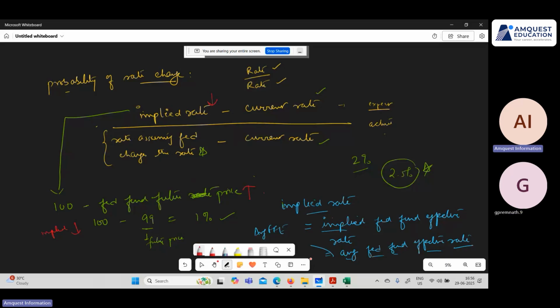If my future price increases, then my implied rate reduces. If my implied rate reduces, assuming everything else is the same, then the probability of change would reduce, because this part, which I'm calling C, is derived from B. My C is derived from B, and my B is here, and my A is independent, which depends on the future prices.